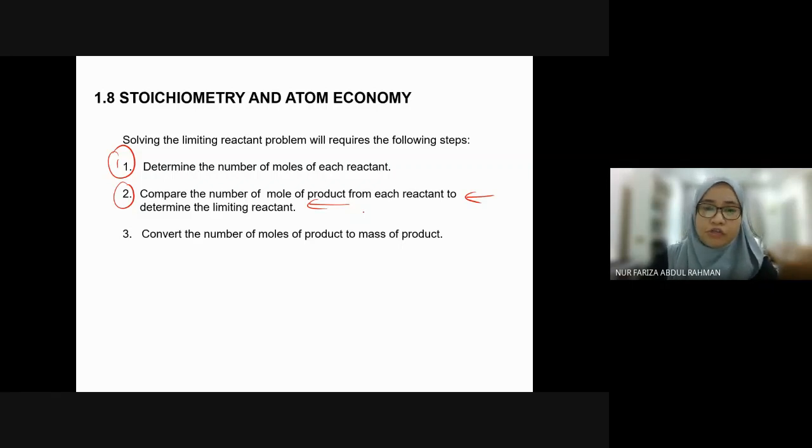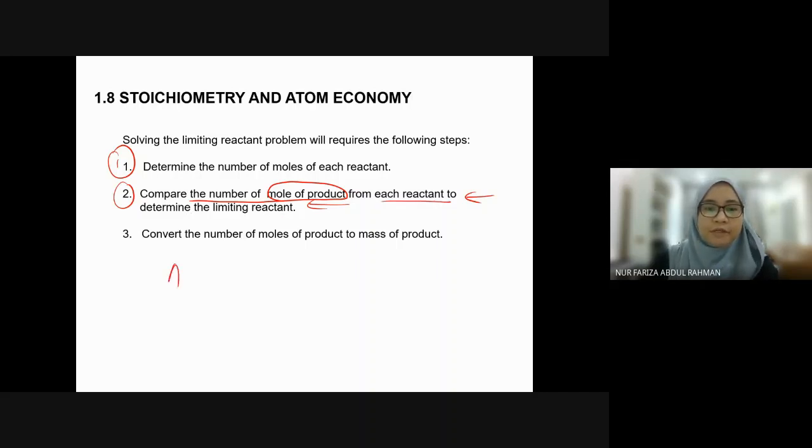They just compare based on the number of moles of reactant only, that's all. So please do not do that. You must compare the number of moles of product from each reactant to determine the limiting reactant.